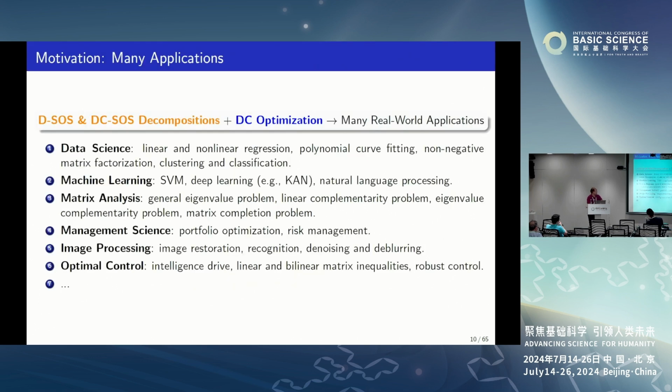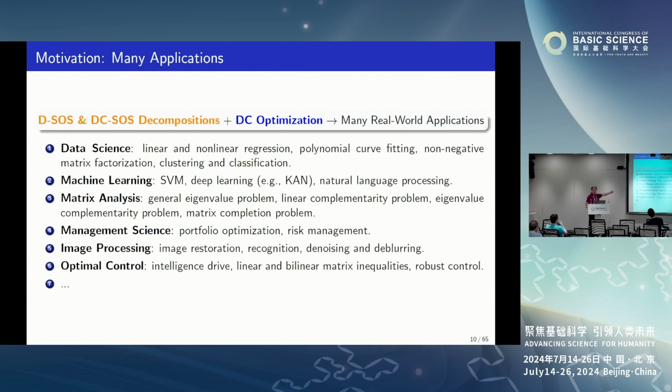And last but not least, about the motivation. Based on the decomposition and the connection with DC, there is a wide range of applications in optimization with DC structure. We have many real-world applications, including some of them but not all of them: data science, machine learning.